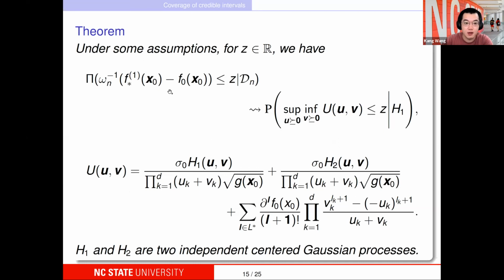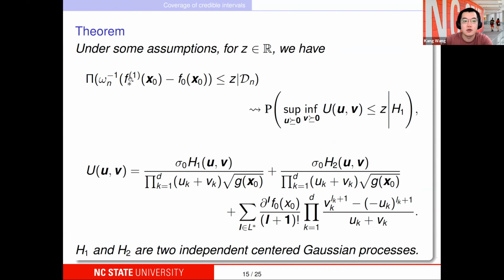The centered and scaled posterior distribution converges weakly to the conditional distribution of a supremum functional of a Gaussian process U. Here I just use f star 1 as an example.